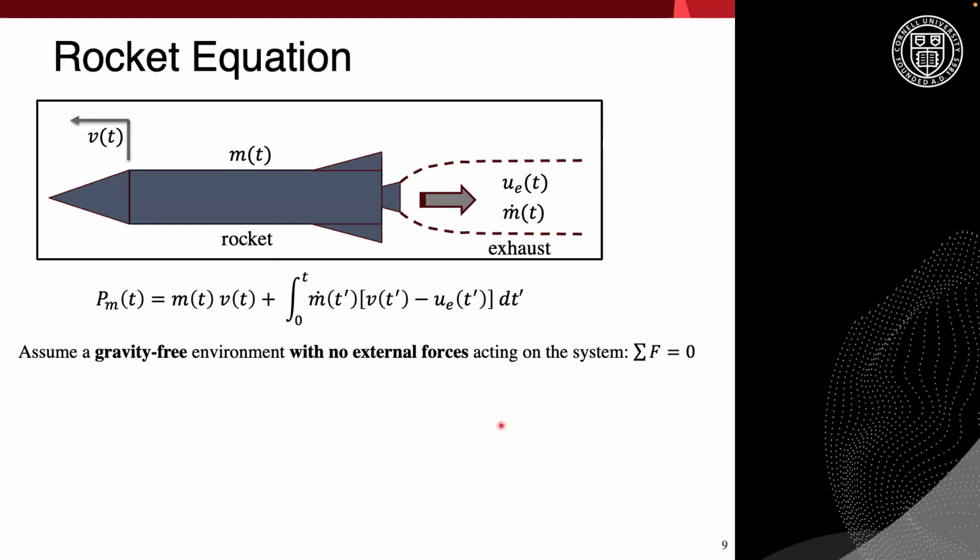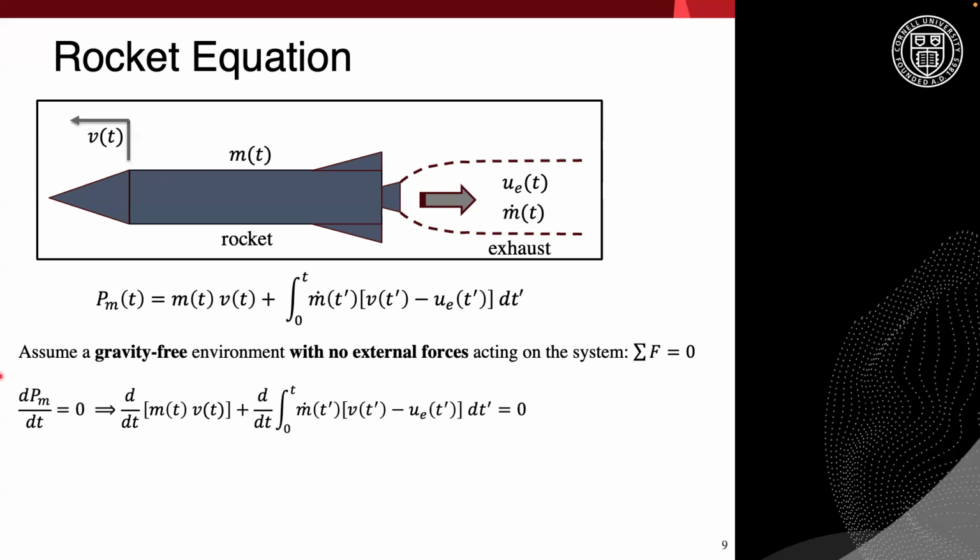However, for deriving the rocket equation, we will first assume a force-free system. And the equation that we will obtain is going to be called the ideal rocket equation. So it will give us an estimation of the mass of the propellant that we need to achieve a given mission. However, this is just an estimation because we have neglected many forces. So the actual value that we will need is going to be higher than the estimation.